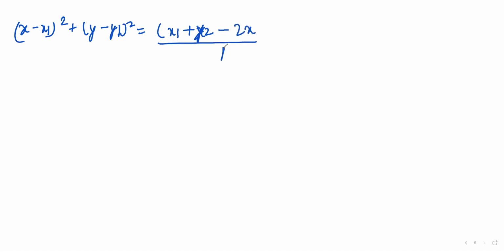So your equation is (x - x1) whole square plus (y - y1) whole square is equal to (x1 + x2 - 2x) upon 4 whole square plus (y1 + y2 - 2y) whole square upon 4.